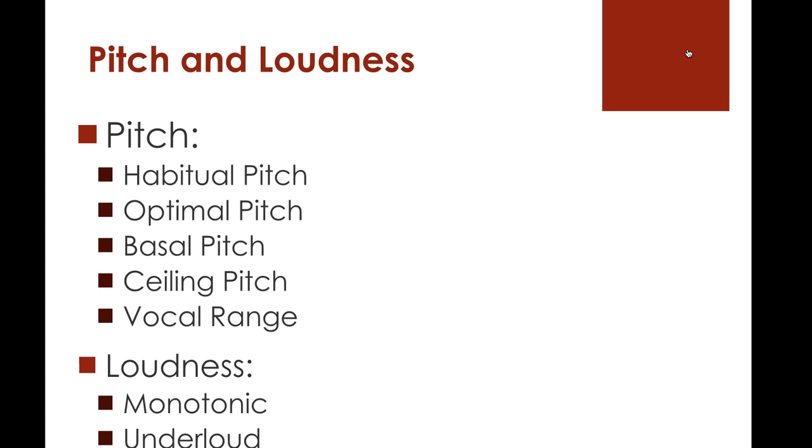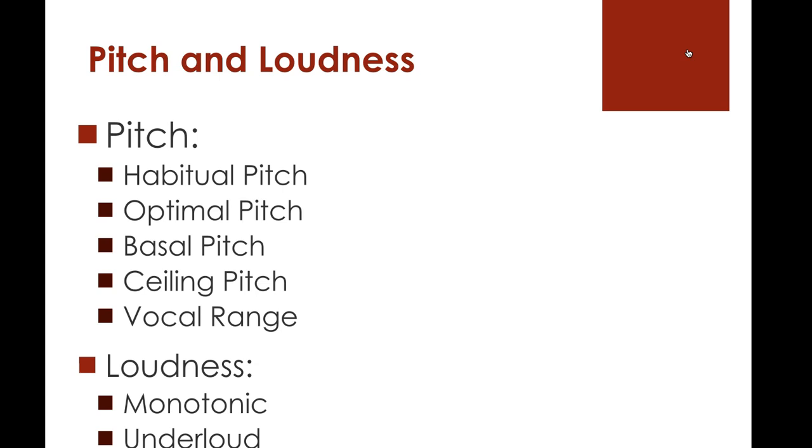The basal pitch is the lowest pitch you can use while still not hurting your vocal folds and not having any vocal fry, which we'll talk about in a second. Ceiling pitch is the highest pitch at which you can talk without injuring your vocal folds.